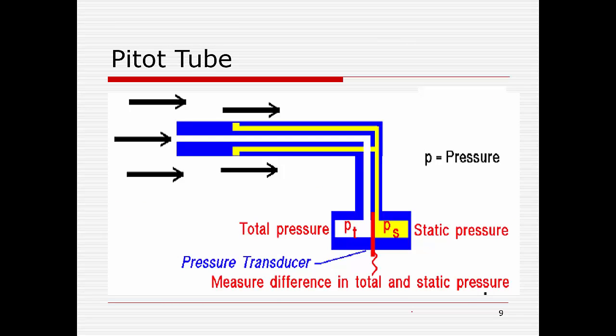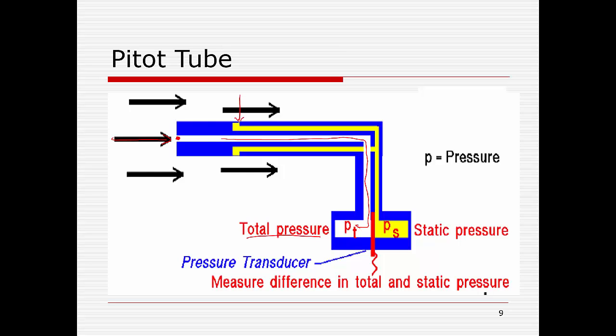So if you remember the pitot tube, the total pressure is along the flow direction. Here, the air becomes stagnant. The velocity is converted to the pressure. So you measure the total pressure. Whatever you are measuring here, that is the total pressure.